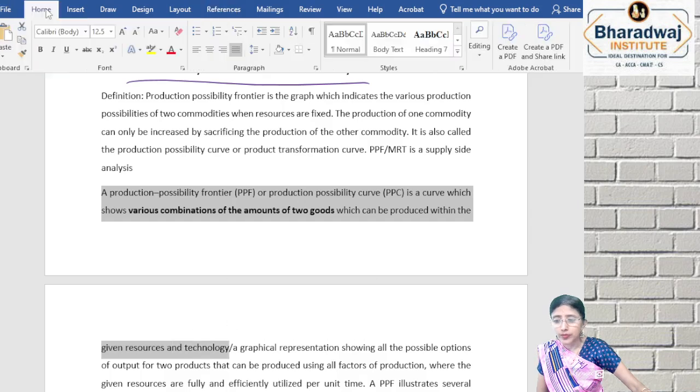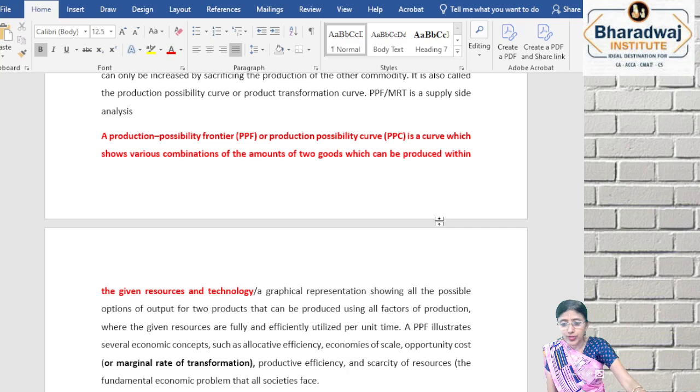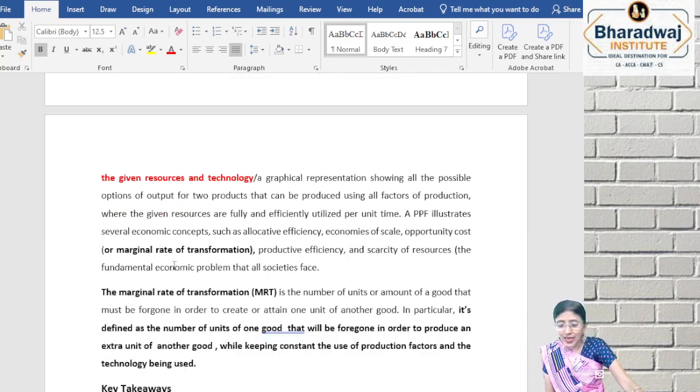This is the important line. A production possibility frontier or curve shows various combinations of two goods which can be produced with the given resources and technology. So I give up certain units of one commodity for one more unit of another commodity. That measure is known as MRT.